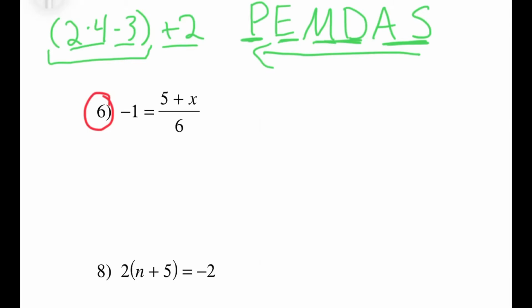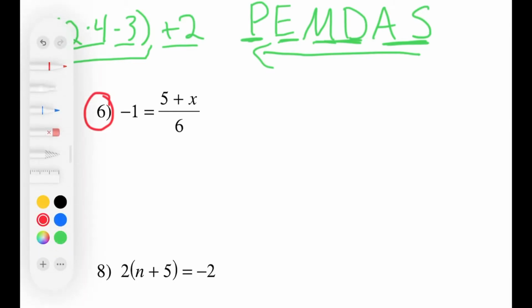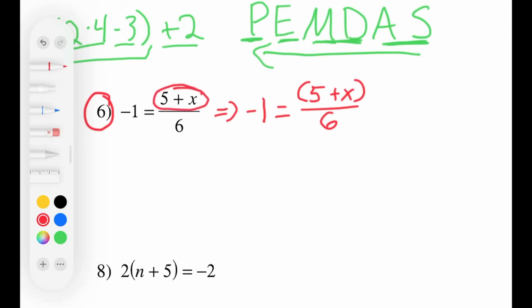So what makes 6 a little bit more unique is that you can rewrite this as -1 equals parentheses 5 plus x divided by 6. The reason why you can put those understood parentheses is because this whole expression, 5 plus x, is being divided by that 6. Not just x divided by 6, not just 5 divided by 6.